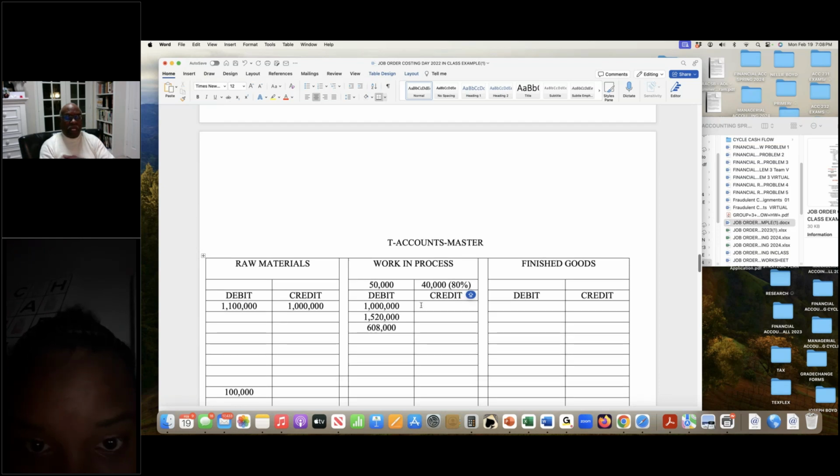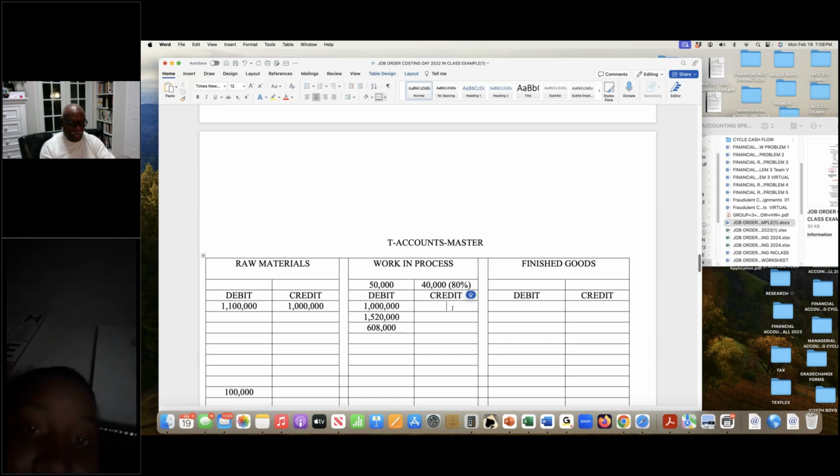So when we take cost out of work in process for the raw materials, the ink, we're only taking out 80%.